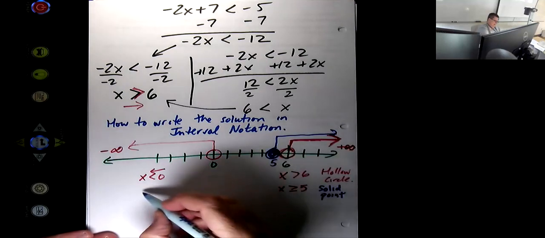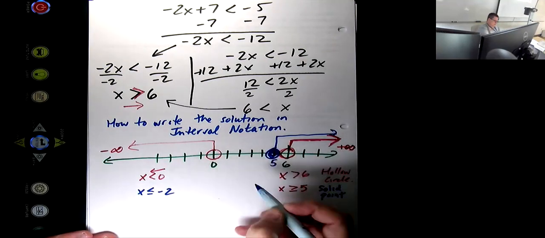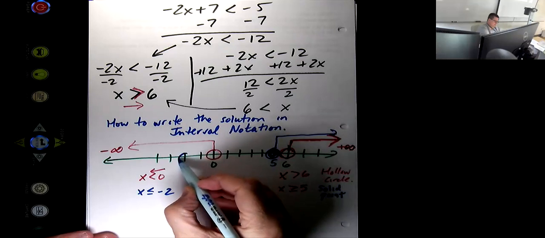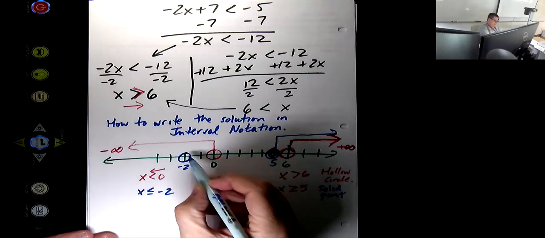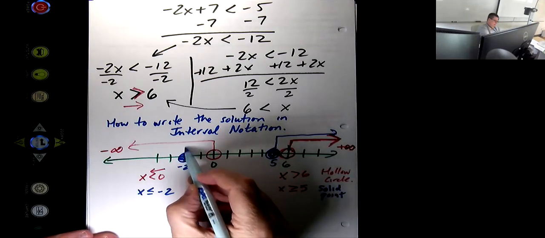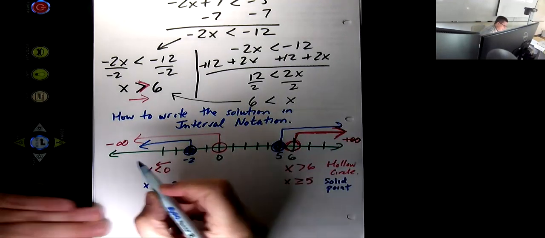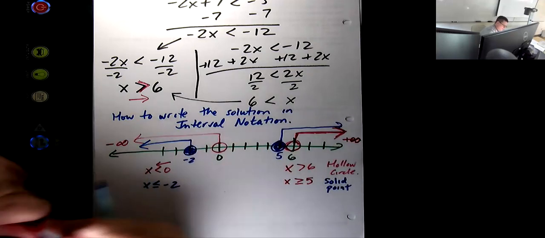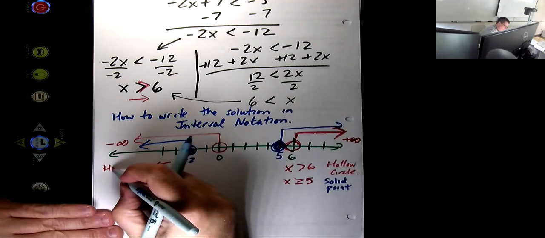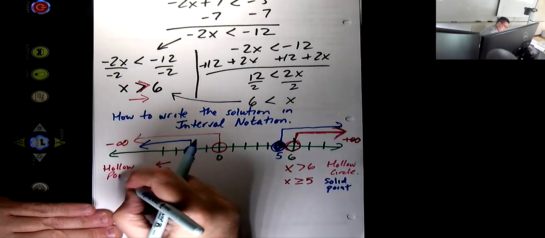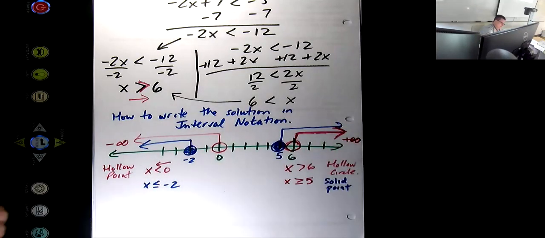If I had X is less than or equal to -2, I put a circle on -2, I fill it in, and I point left. So again, hollow point for the one that doesn't have the equal sign, and a solid point for the one that does.